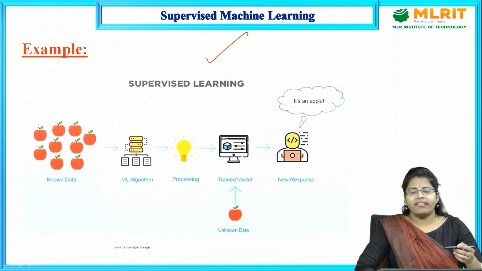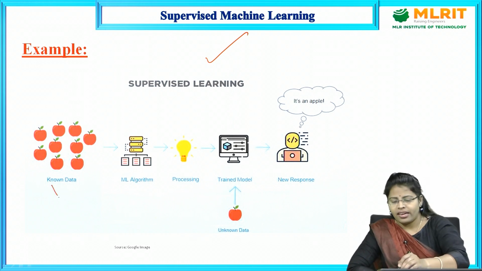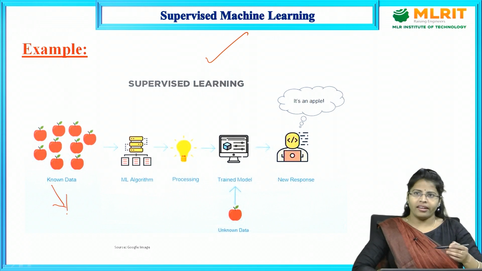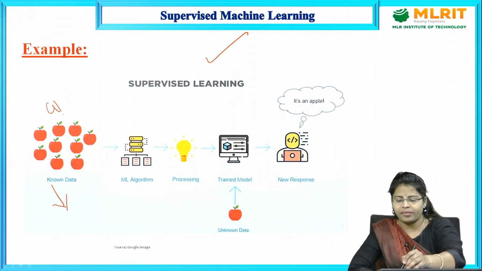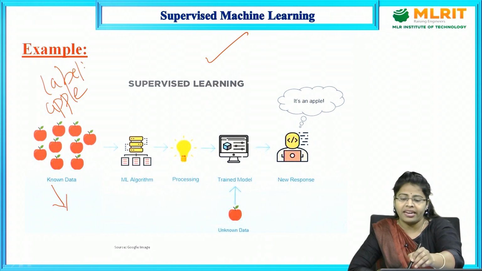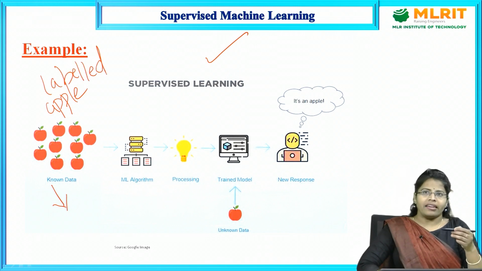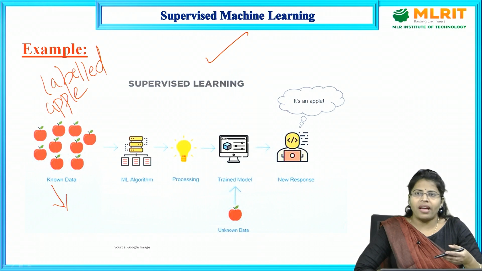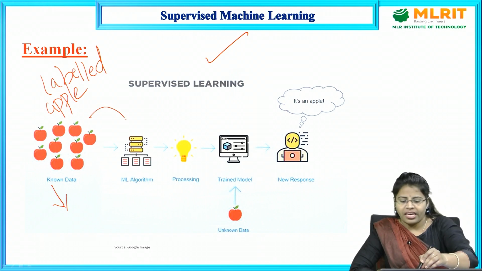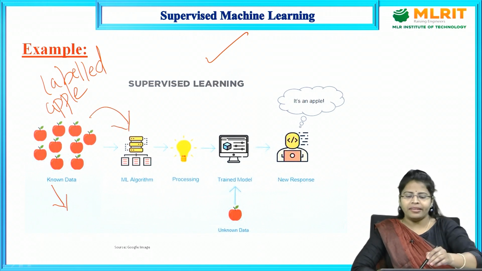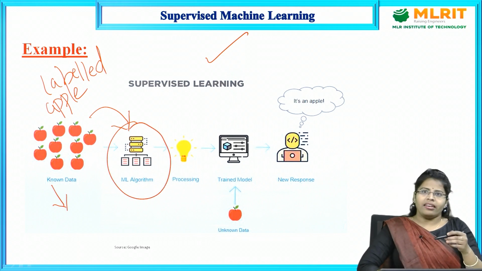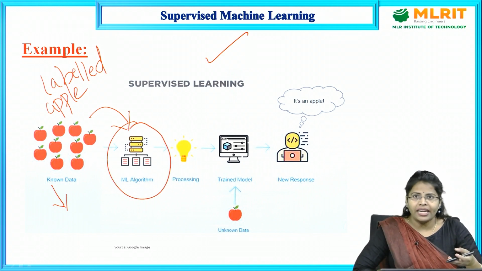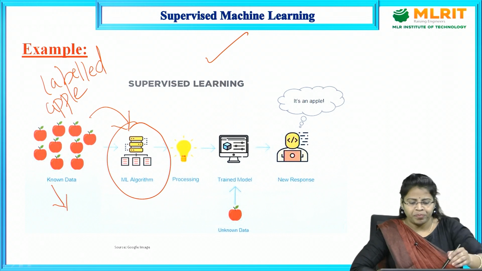Here, as you can see in the image, it consists of raw data of Apple images. This is known as a labeled data set. I already told you that a labeled data set comes under supervised machine learning. The raw data of images of apples is given to the machine learning algorithm model, and we are going to give the training to the machine learning algorithm.